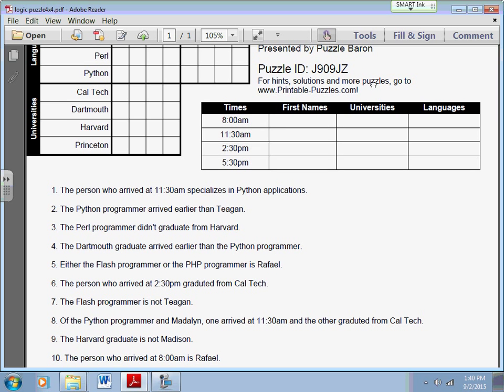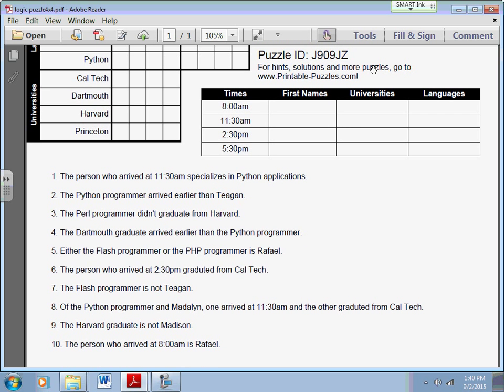All right? So everybody, we're going to go to clue number 1. Go ahead and read clue number 1 to yourself quietly. Now don't start writing anything out just yet. Just read it carefully.